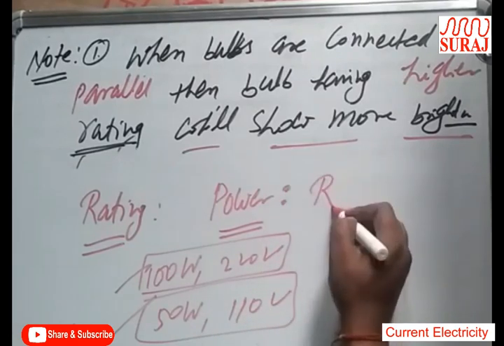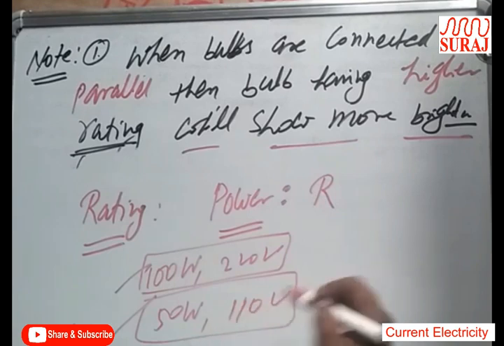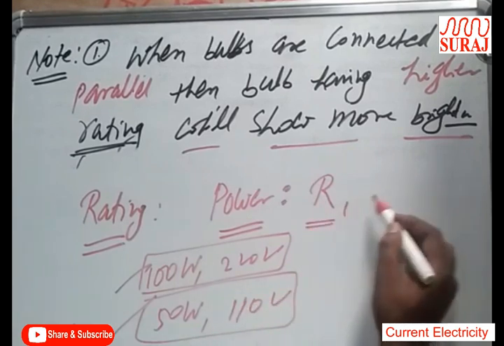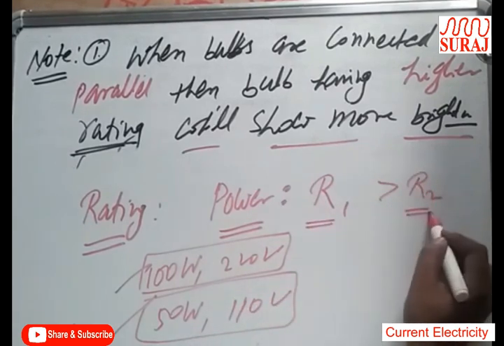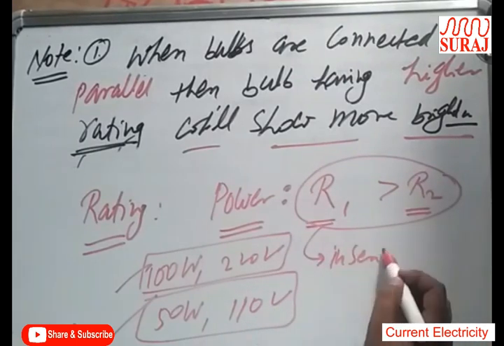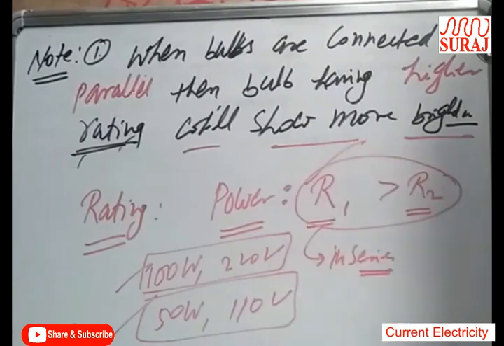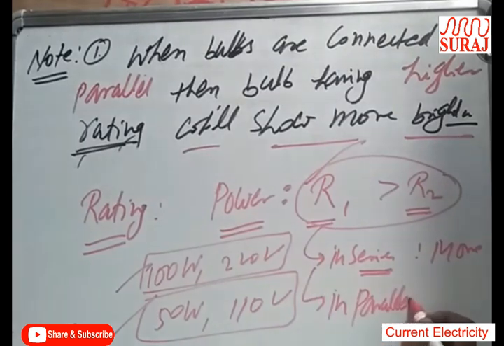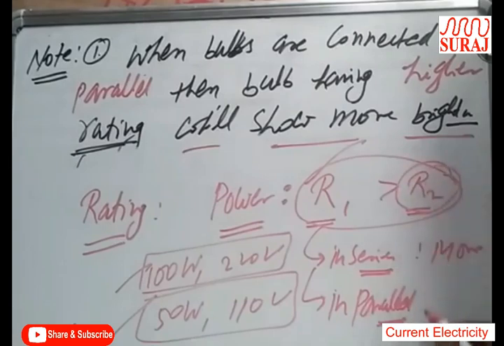So we will calculate the resistance. If the resistance of one is greater than the resistance of the second instrument, then in series the one having more resistance will show more brightness, and in parallel the instrument having low resistance will show more brightness.